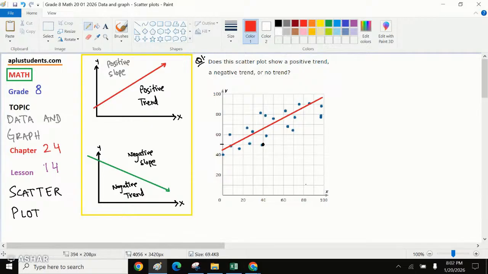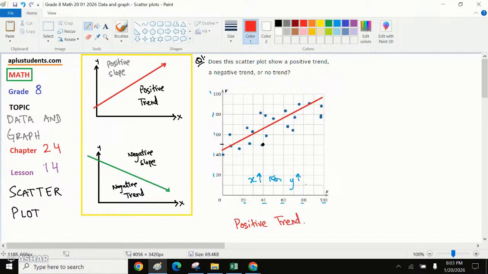What we need to see is, would it be a positive trend or a negative trend? What we can see over here is, as the values of x are increasing, the values of y are also increasing. That means we can say if x is increasing, then y is also increasing. Whenever it's a positive slope, we say the scatter plot shows a positive trend.